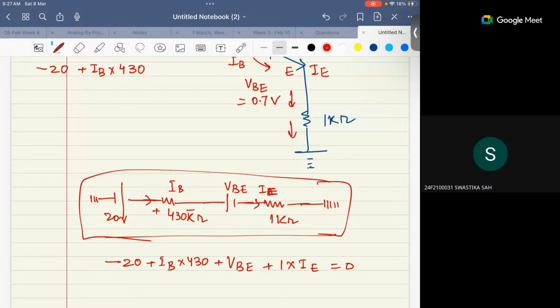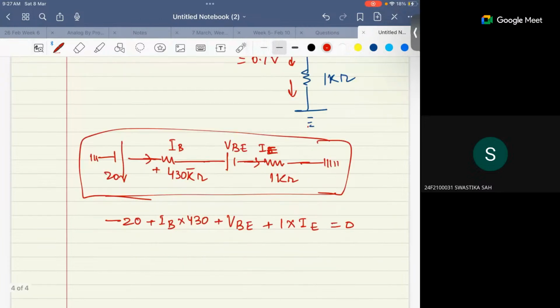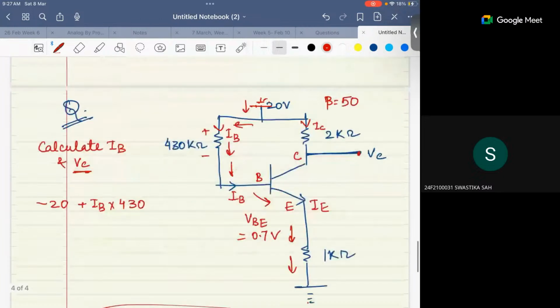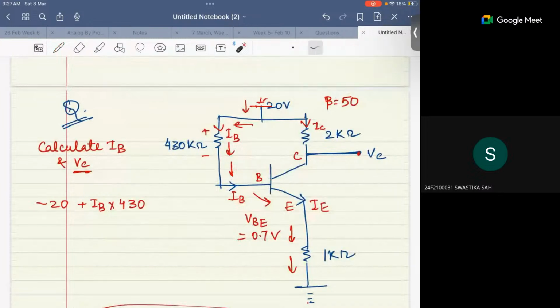Yes, so the same thing we have done here also. You can start from here and go like this, because this is a ground. We have started from ground and we are moving to ground. You can write it like that, though you could write it through the other path also, but the problem there is that VCE, I don't know. The potential drop of VCE we don't know.